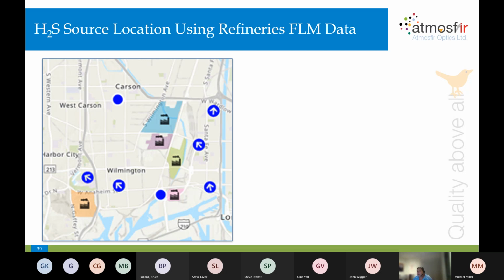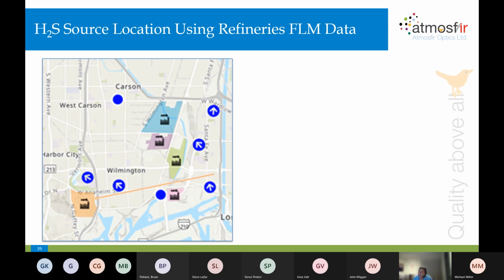Then I thought maybe I will take the data from a few refineries and combine them together with wind direction. So for the last quarter, I think, the compound that actually exceeded most of the time is hydrogen sulfide.